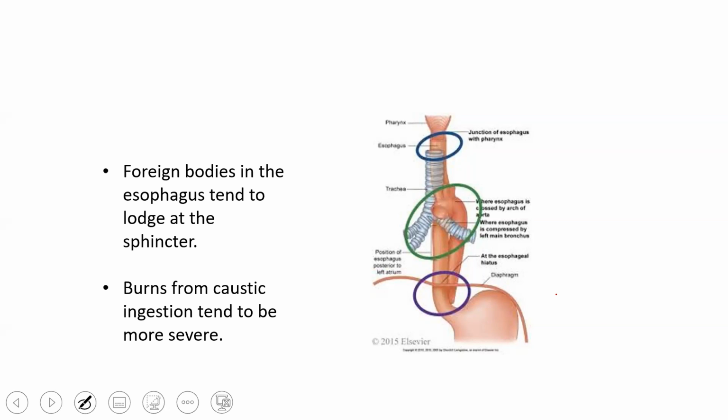Also, if the baby swallows any burning materials, the burn is usually more severe at those areas because of the narrowing. That's why we mentioned it: the foreign body is more likely to lodge in this area, and if the baby drinks any corrosive ingestion, it is more likely to cause severe burns in those areas.